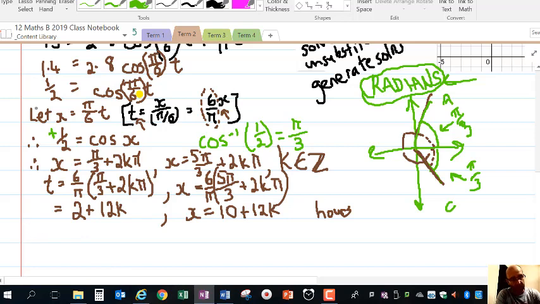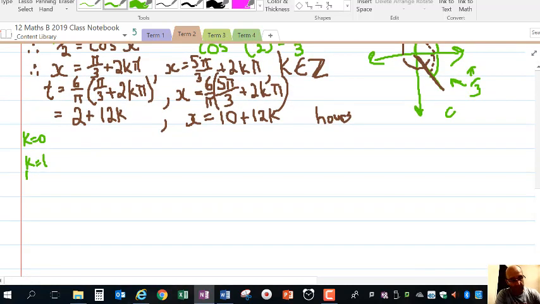Setting k equal to the integer amounts, k equals 0, k equals 1, k equals 2. We might not need to go that far, because remember, the domain for this, perhaps I should have written this clearly at the top, is t between 0 and 24 hours inclusive.